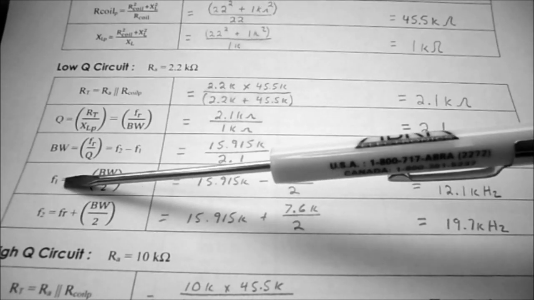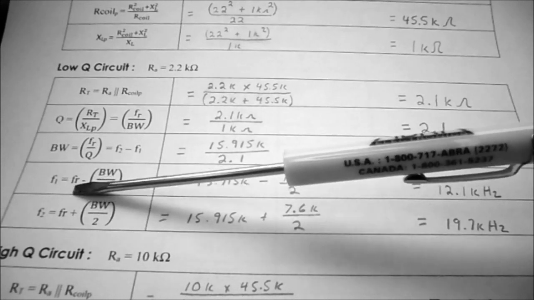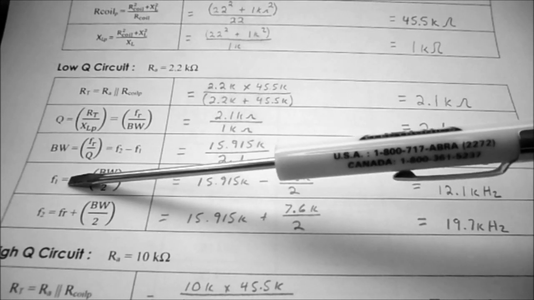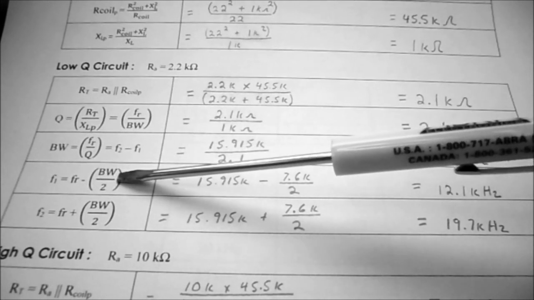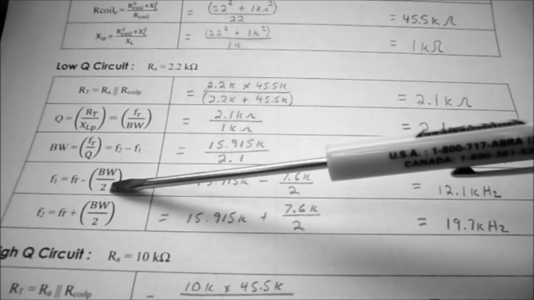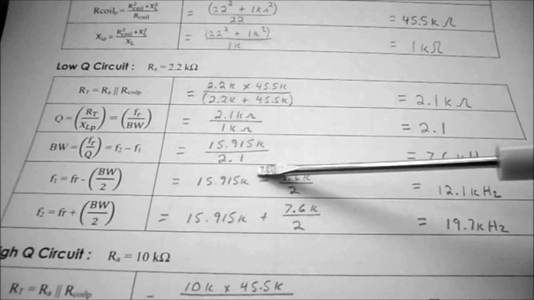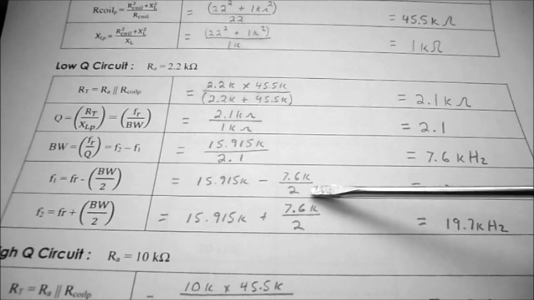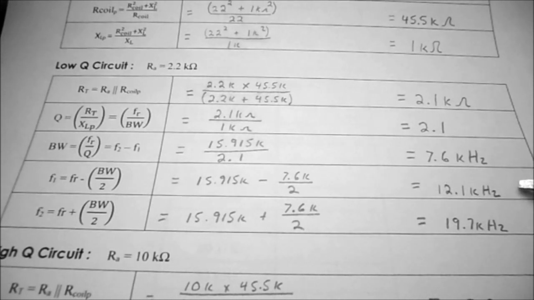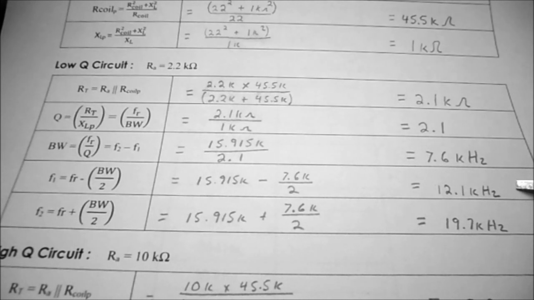The lower frequency, or half power point, is equal to the resonant frequency minus the bandwidth divided by 2. So that ends up being 15.9K minus 7.6K divided by 2. So the lower frequency should be 12.1 kilohertz.